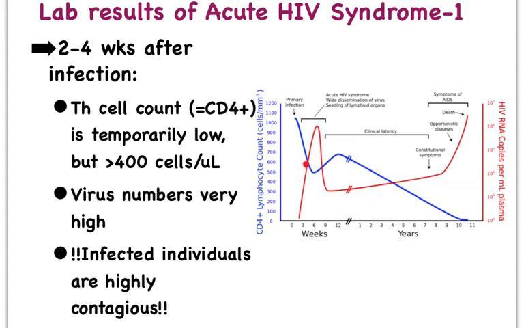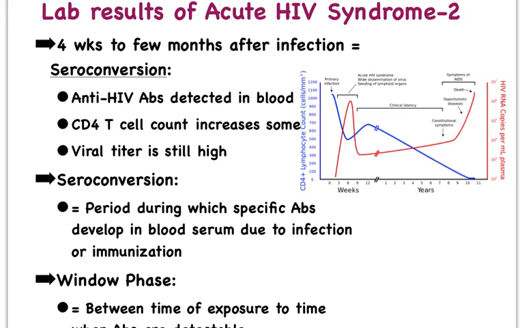Despite the fact that our virus levels are still high, our T cells do eventually begin to recuperate. So during this time period, when there are so many virus particles present, as you can imagine, a person is extremely contagious.